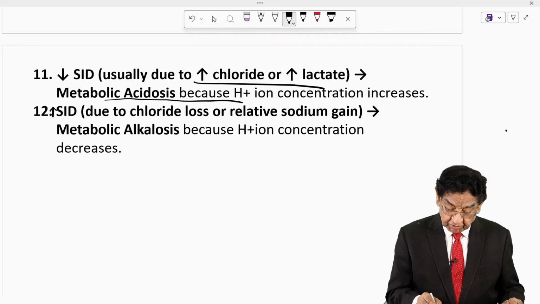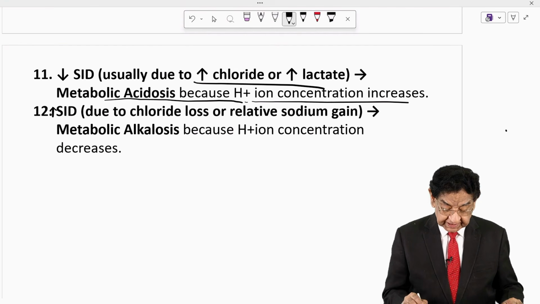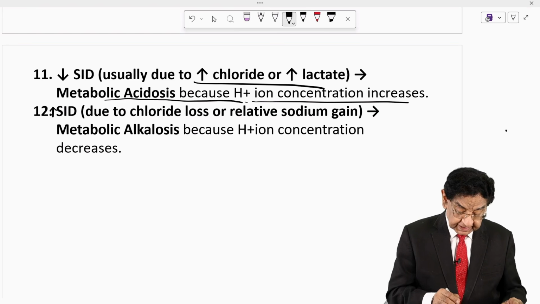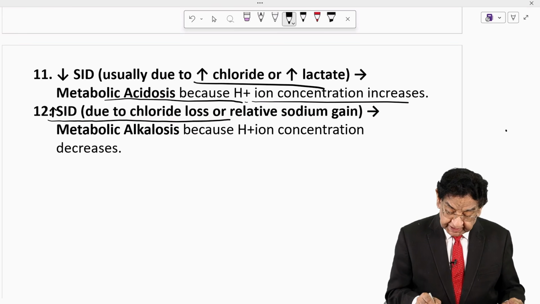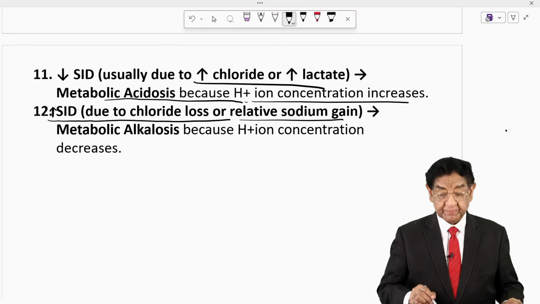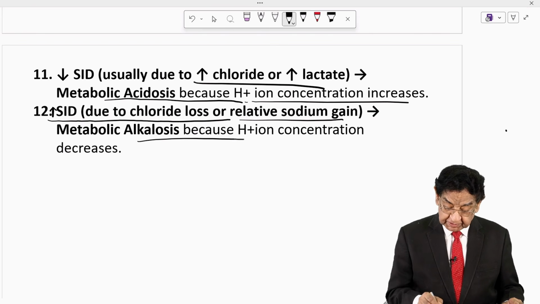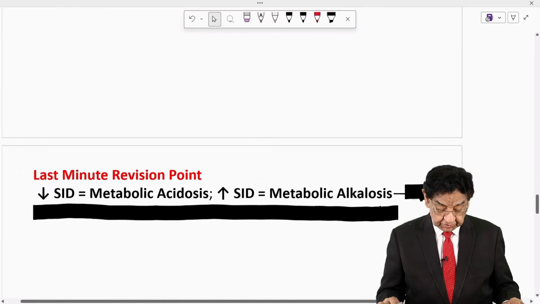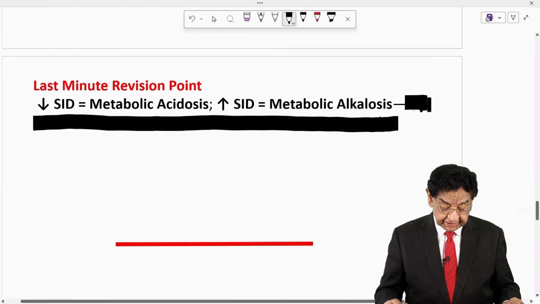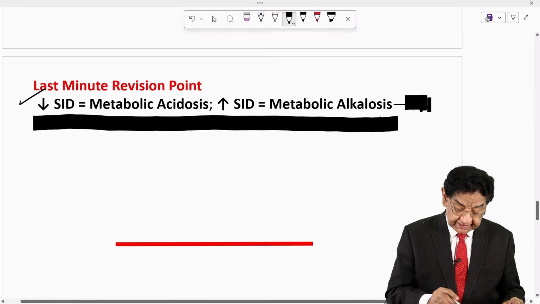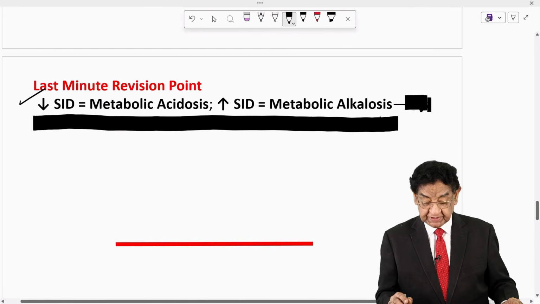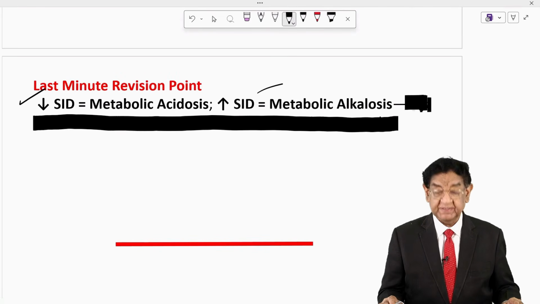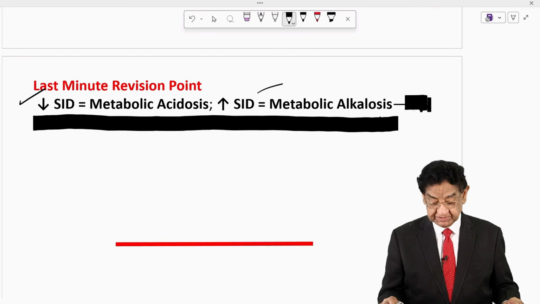Metabolic acidosis, because H ion concentration increases. Increased SID due to chloride loss or relative sodium gain: metabolic alkalosis, because H ion concentration decreases. So, last minute revision point: decreased SID means metabolic acidosis, increased SID means metabolic alkalosis.